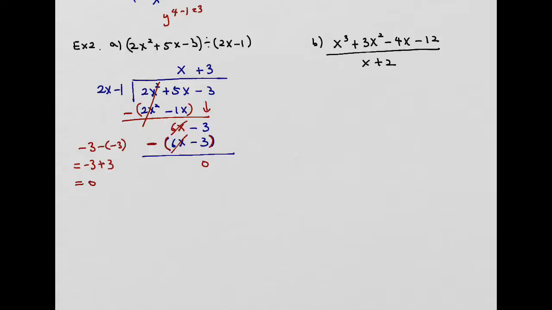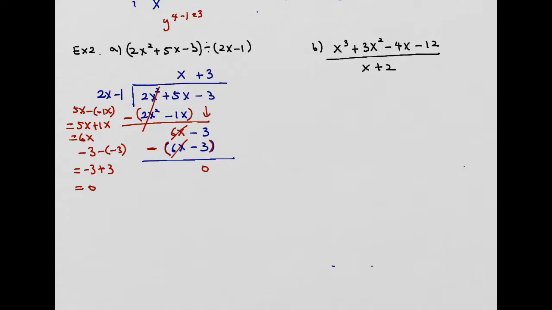The other one we had was 5x minus -1x, same as 5x plus 1x, which is 6x, right? So for this problem, your solution is going to be x plus 3.